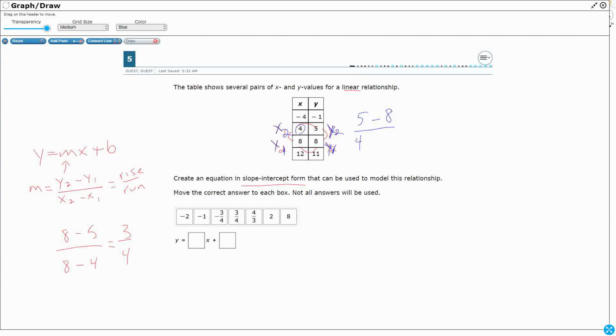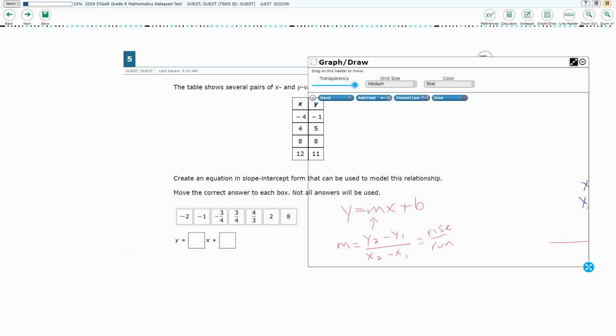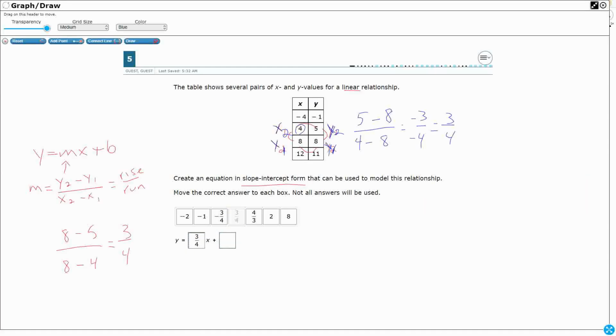My x sub 2 is 4, my x sub 1 is 8, so that's also going to be negative. It's -3 over -4. The two negatives make 3/4. So 3/4 is my slope, my m.